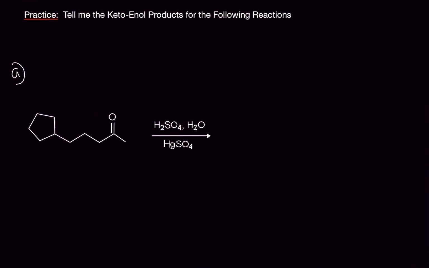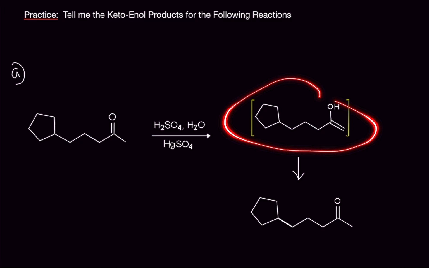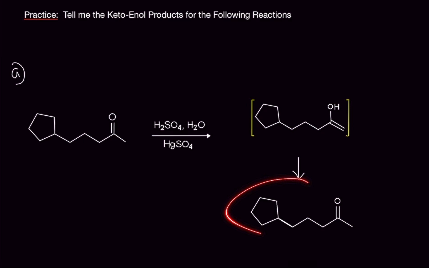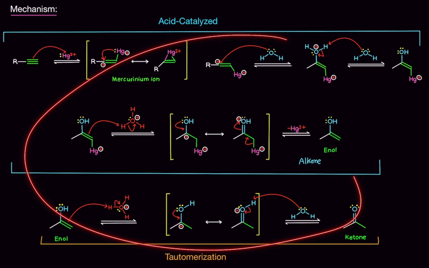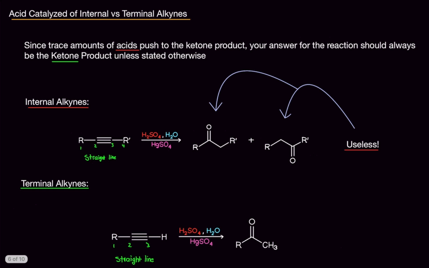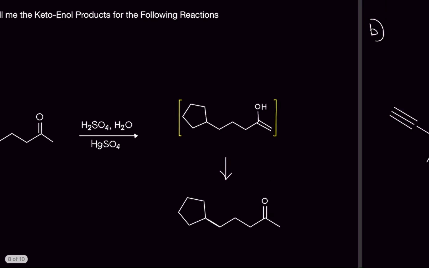That's how you do it. That's the answer. So this is our enol, which does not form, really. It doesn't stay like this. Very quickly turns into this. We just did the entire mechanism that quickly, that fast. I'll make a video on the actual mechanism probably tomorrow. But yeah, that's it. Okay, let's do B.